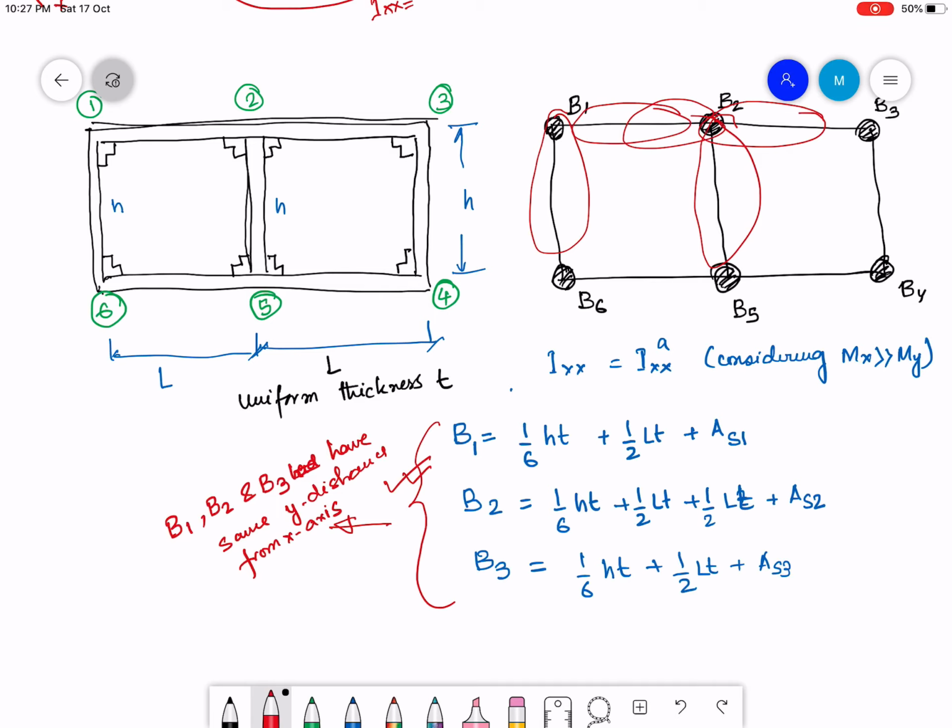This condition was important to derive this part of the area.